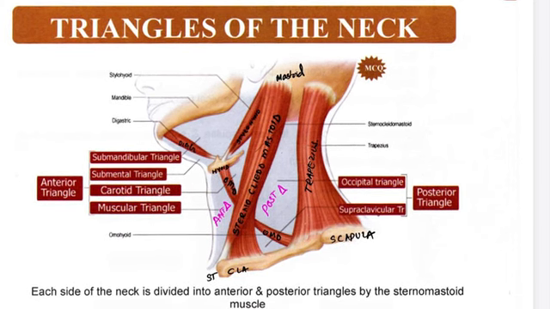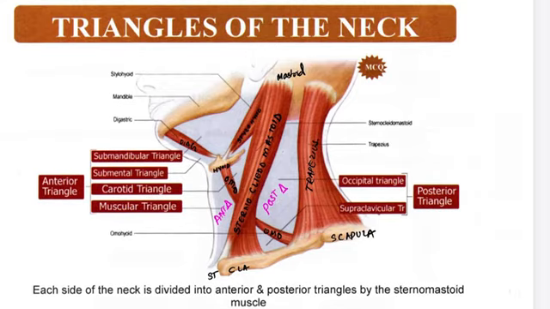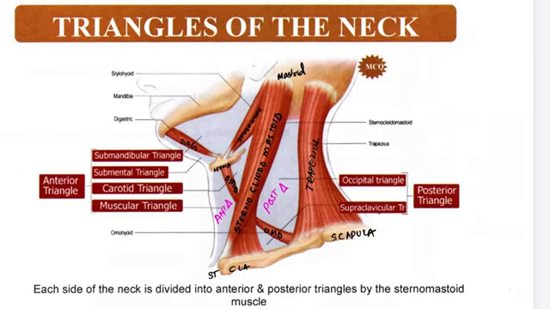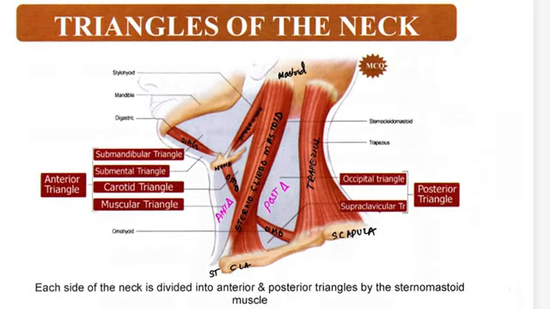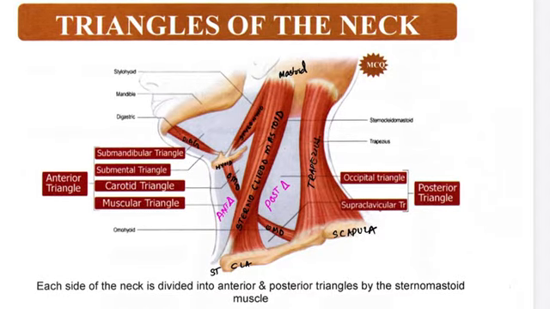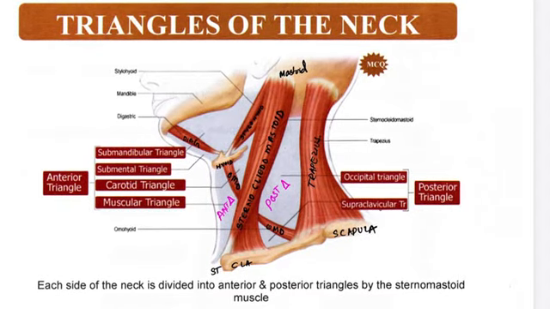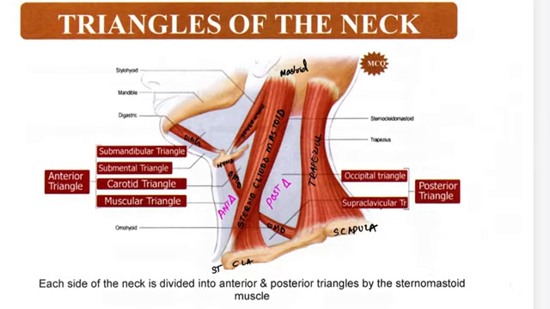And from the hyoid bone, you see there are the superior belly of omohyoid and the inferior belly of omohyoid. The superior belly divides the anterior triangle again into carotid triangle and muscular triangle, and the posterior triangle is divided into supraclavicular triangle and occipital triangle. These are the posterior ones.